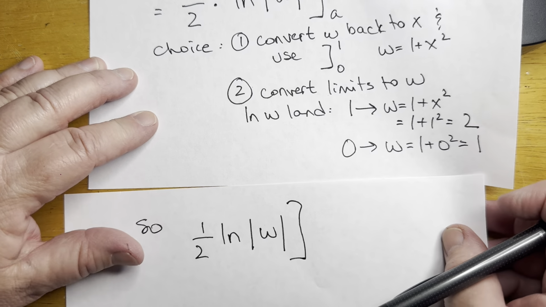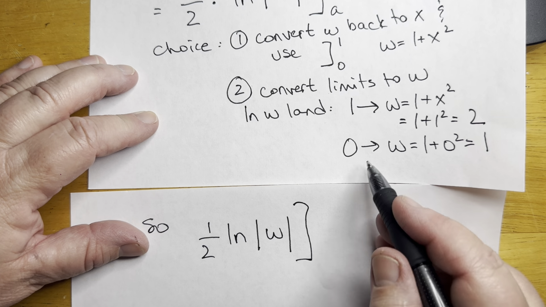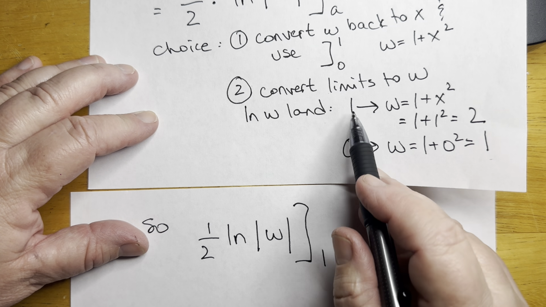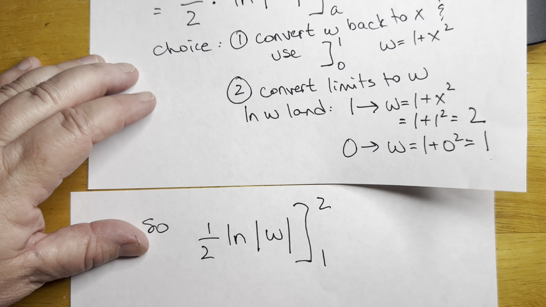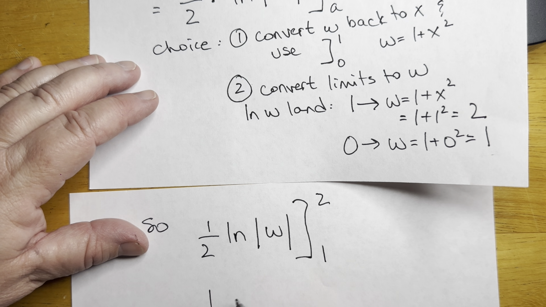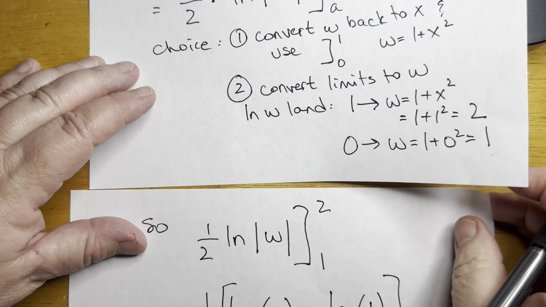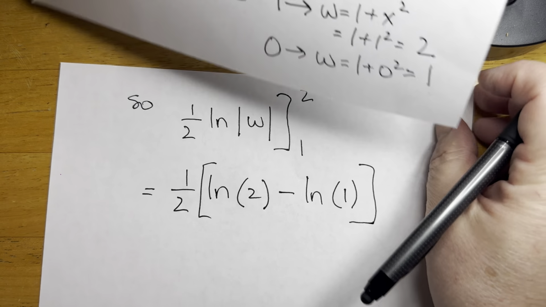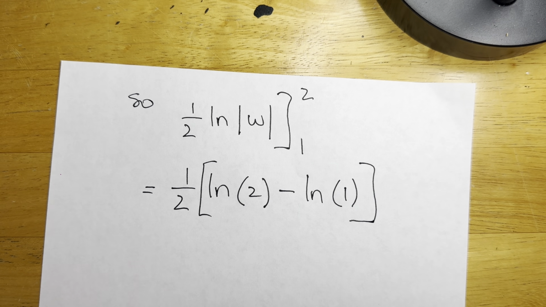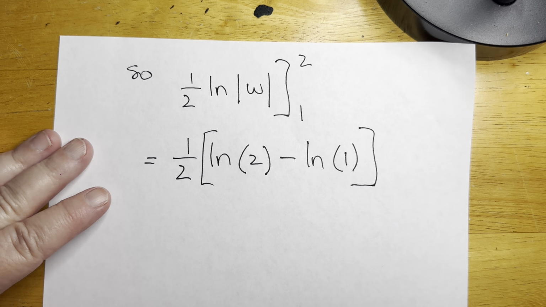Our new limits, instead of 0 is going to be 1, instead of 1 is going to be 2. So that's 1/2 the natural log of 2 minus the natural log of 1. Let me get that up there so you can see it. I know, this is a long one.